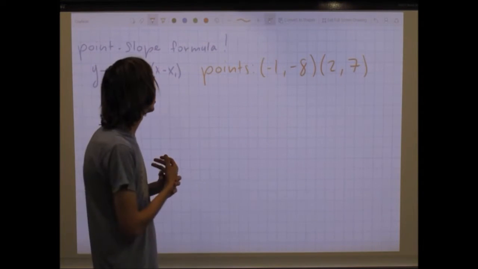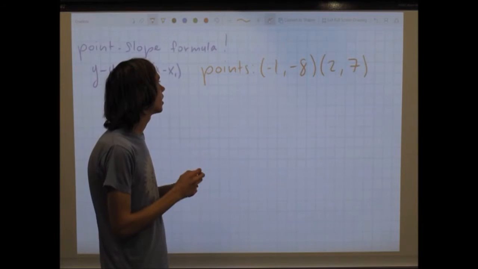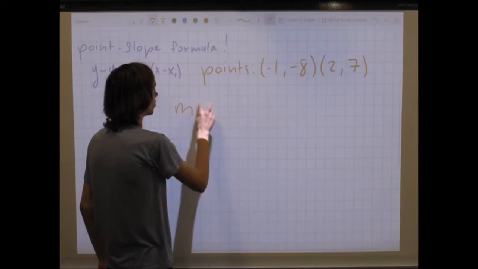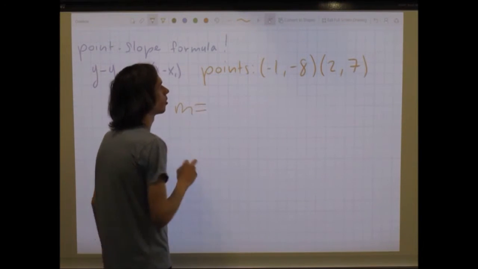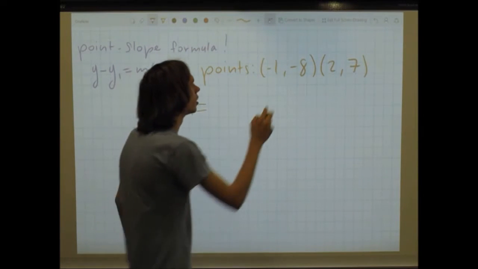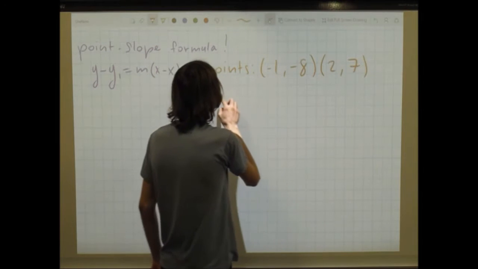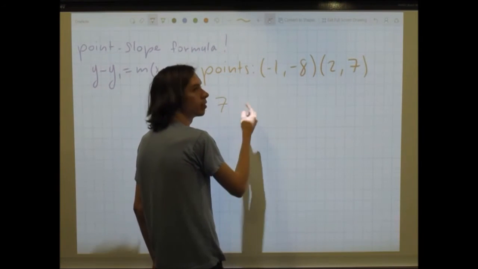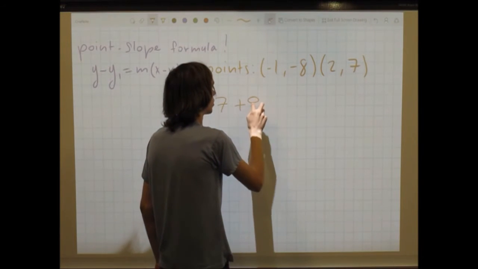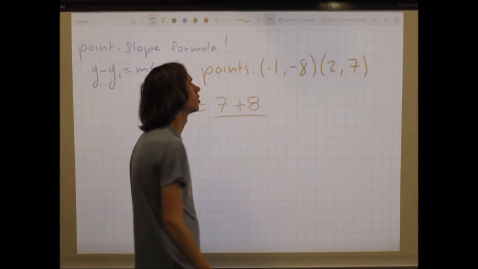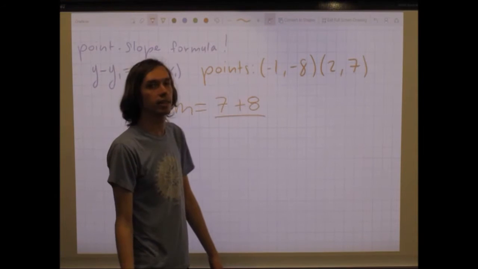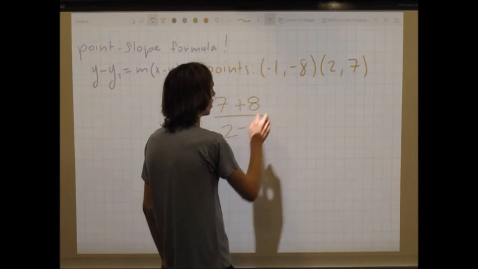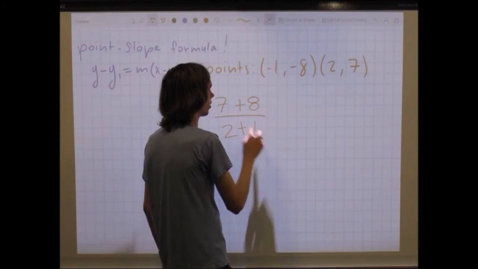Okay, hopefully you tried that one. So let's try it together. Remember, first we're going to find the slope. So m equals y2 minus y1, so we could do 7 minus -8. Minus negative is the same thing as plus. And then on the bottom, x2 minus x1, so 2 minus a -1, so we could do +1 instead.